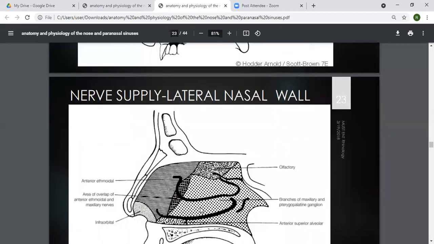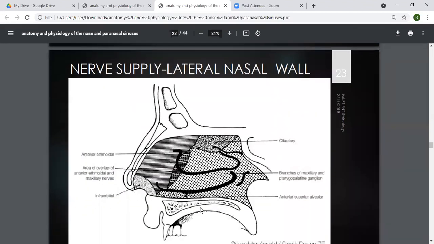So when we go to the nerve supply, the superior portion, posterior superior, we have the olfactory. Anteriorly, there's the anterior ethmoidal. Then we have the branches of the maxillary and pterygopalatine ganglion in the biggest portion of the lateral wall of the nose.